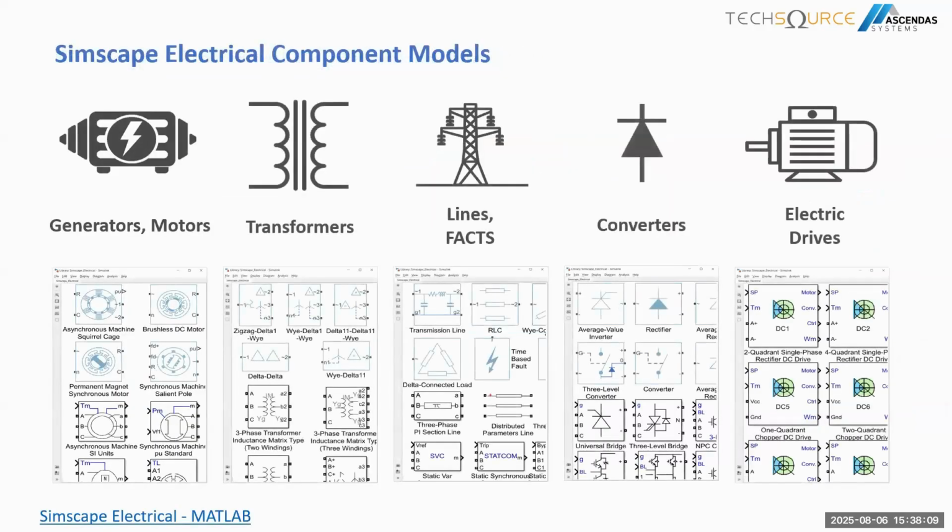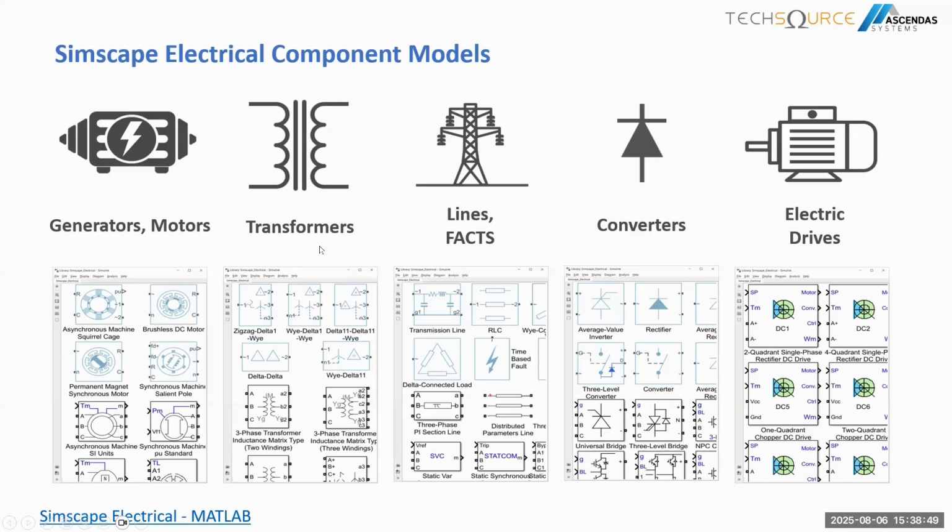Last but not least, there's a wide range of components that you can use in power electronics, or rather electrification systems, more in renewable energy, for example, when you're doing simulations for microgrids. You may have generators or motors in your application, transformers, and Simscape Electrical can support you with single-phase or three-phase power systems.